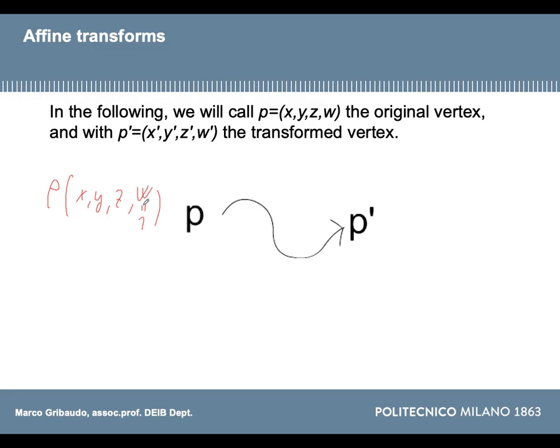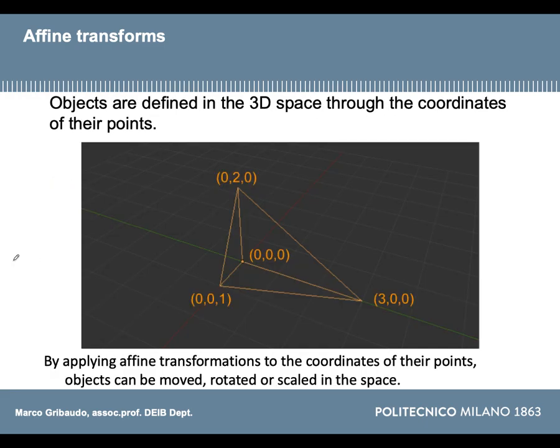Every point will have a set of x, y, z coordinates. When we move it, we might want to have these coordinates changed. So, for example, let me return here. Let us imagine that I want to move my object slightly to the right, like this.